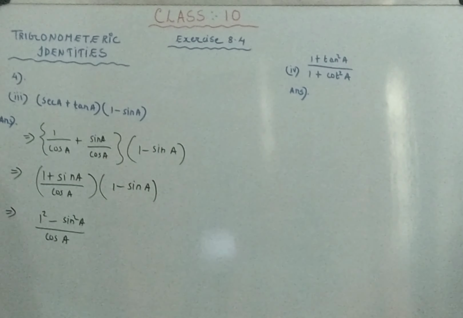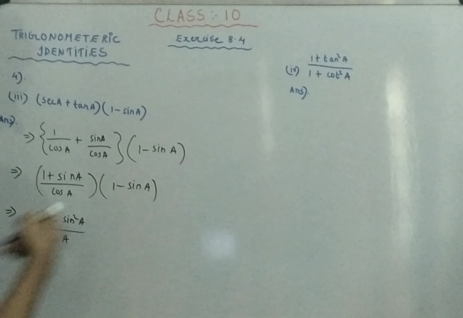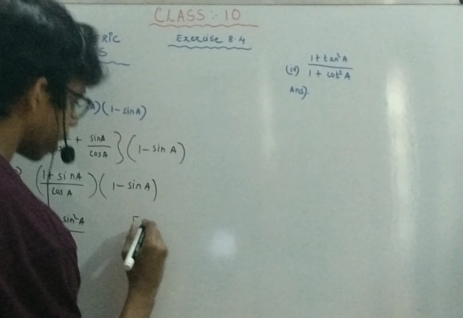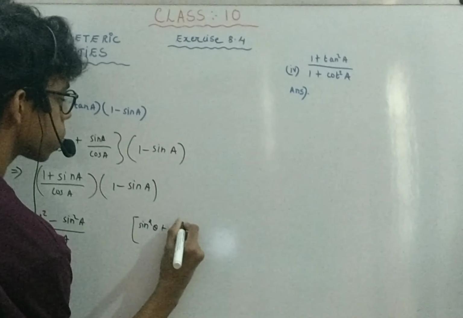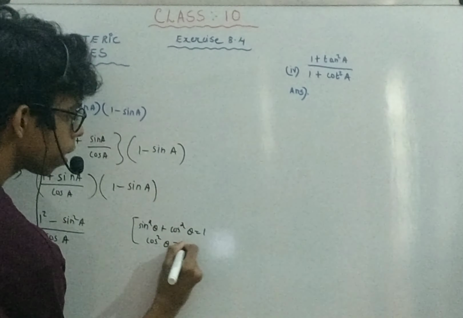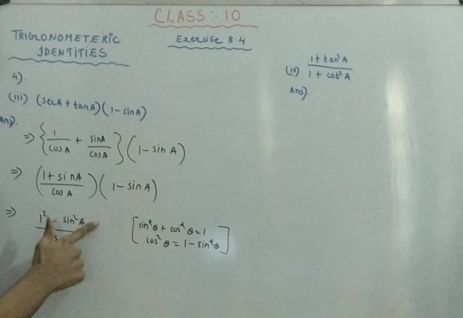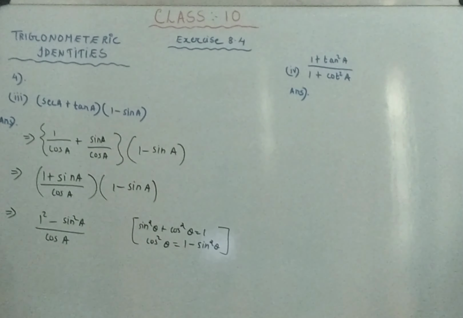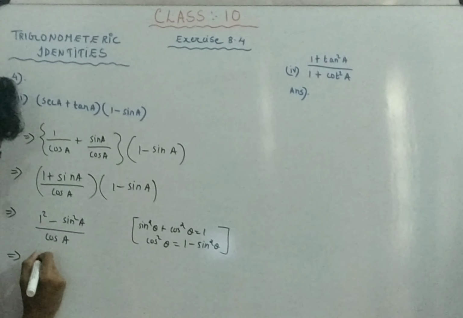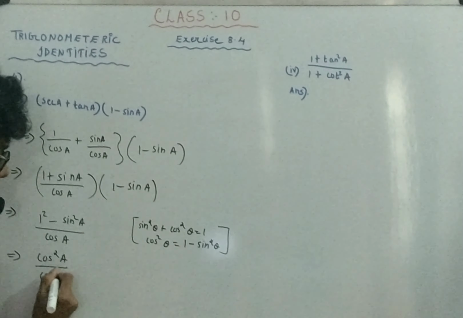Now 1 square minus sin square a. We know our identity: sin square theta plus cos square theta is equal to 1. If I take the sin square to the other side, we get cos square theta is equal to 1 minus sin square theta. So 1 minus sin square a can be written as cos square a. Then I can write cos square a divided by cos a.